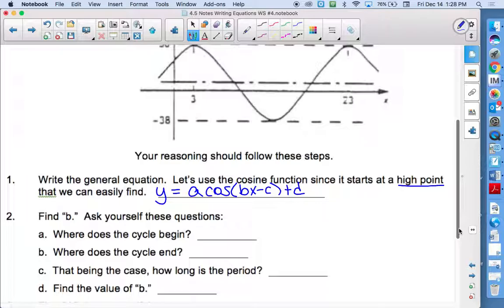All of the equations you did last year and this year always have that same form, the minus sign in the parentheses. The only thing we're going to do with this equation is tweak it a little bit to make it easier for us to solve. That would be this b value here. So we're going to factor out the b value so that it is separate from the parentheses.